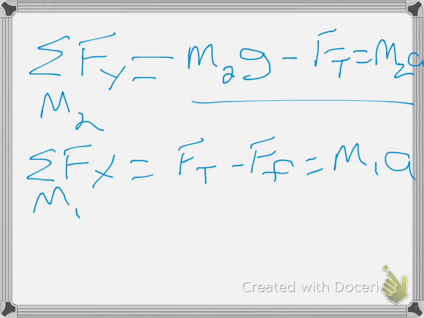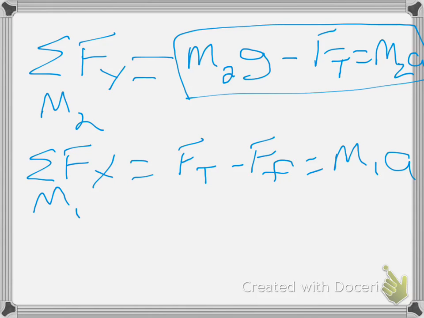If I take this equation right here and add it to this equation down here, let's just add them in place where they are. If we add everything together, notice that this FT and this FT are opposite because they're the same piece of string, so the tension would be the same throughout, so they cancel out.